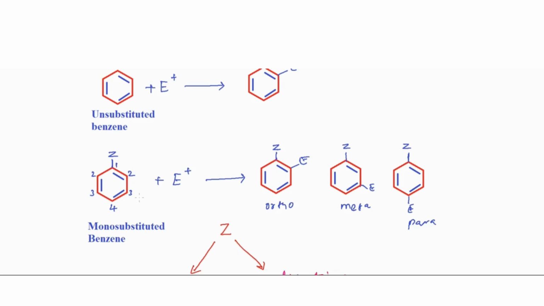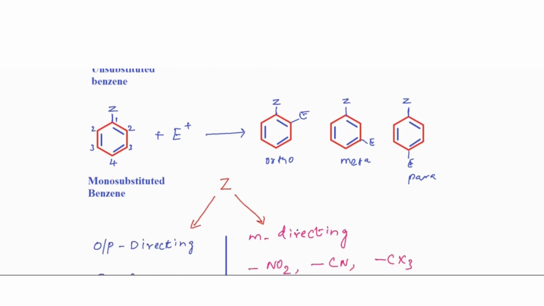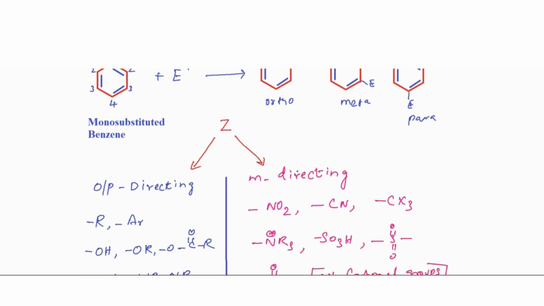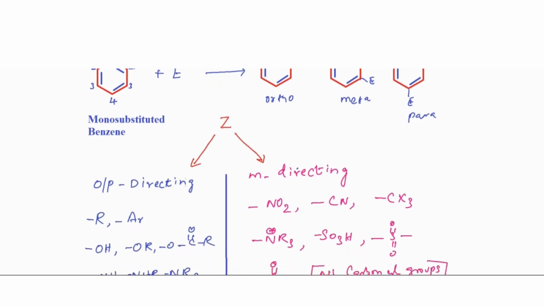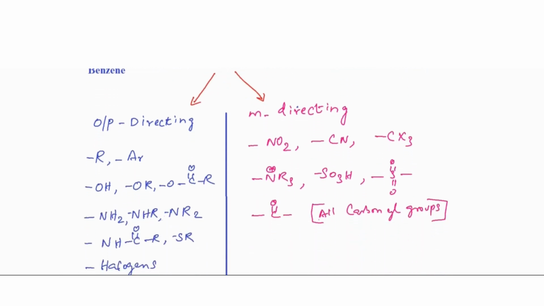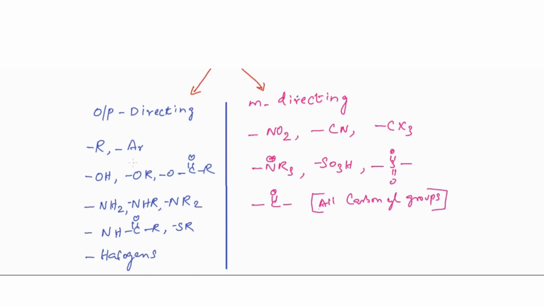Now how will the Z groups be classified? The Z groups are classified into two types: ortho para directing groups and meta directing groups. Alkyl, aryl, hydroxy, ester, amino groups and amido, thioether, halogens, these all come under ortho para directing.